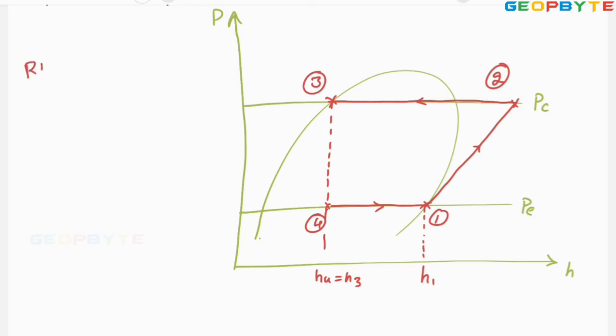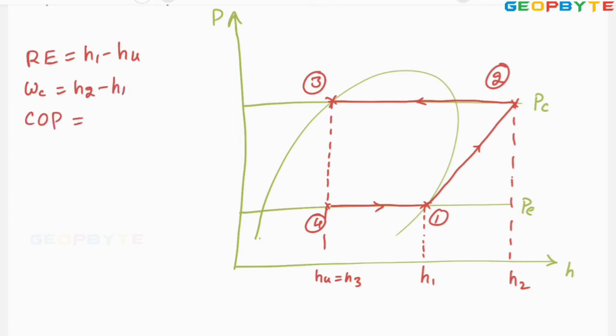Now refrigeration effect equals H1 minus H3 or H4. Work required for compression is H2 minus H1, the enthalpy after compression. The COP equals refrigeration effect by work required for compression.